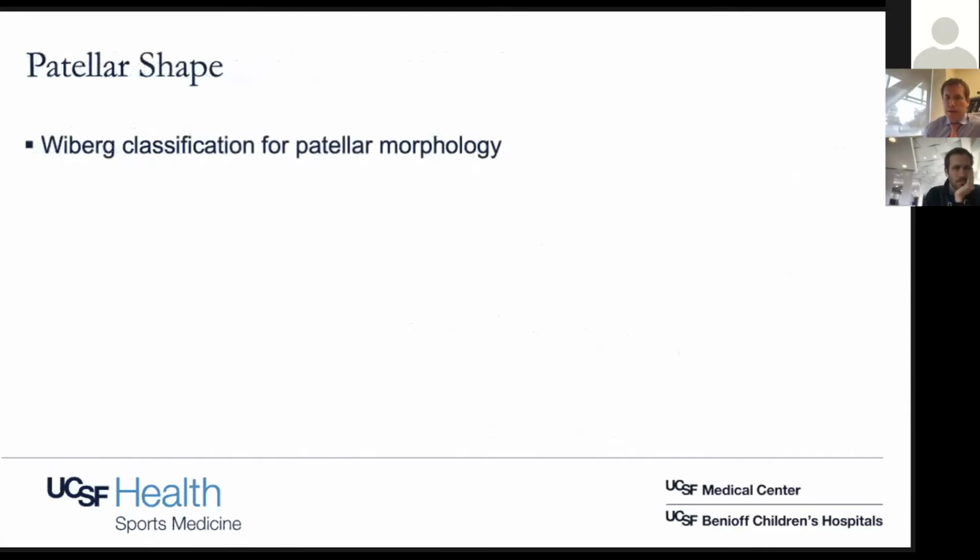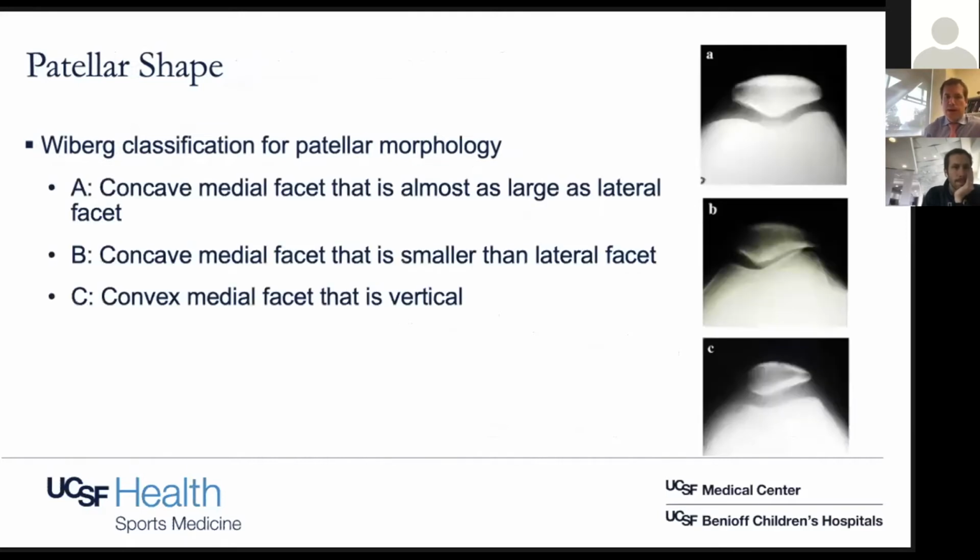All right, and then on the patella, the Wiberg classification is probably the best one to look at for patellar morphology. With type A, you have a concave medial facet that's almost as large as the lateral facet. And then B, you have a large lateral facet and a smaller medial facet.